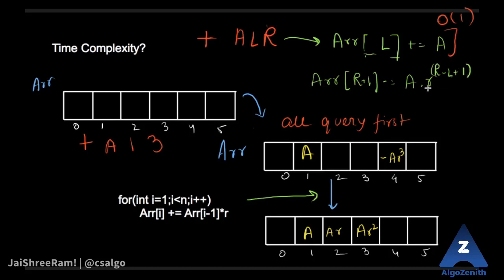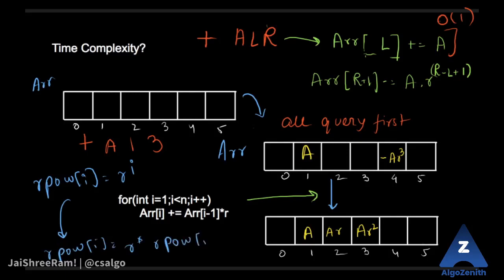So you can process all the values of R to the power 0, R to the power 1, R to the power 2, right? So you can save something called an R pow array, whose ith index stores R to the power i, and you can build this very easily, because R pow of i is equal to R times R pow of i minus 1.